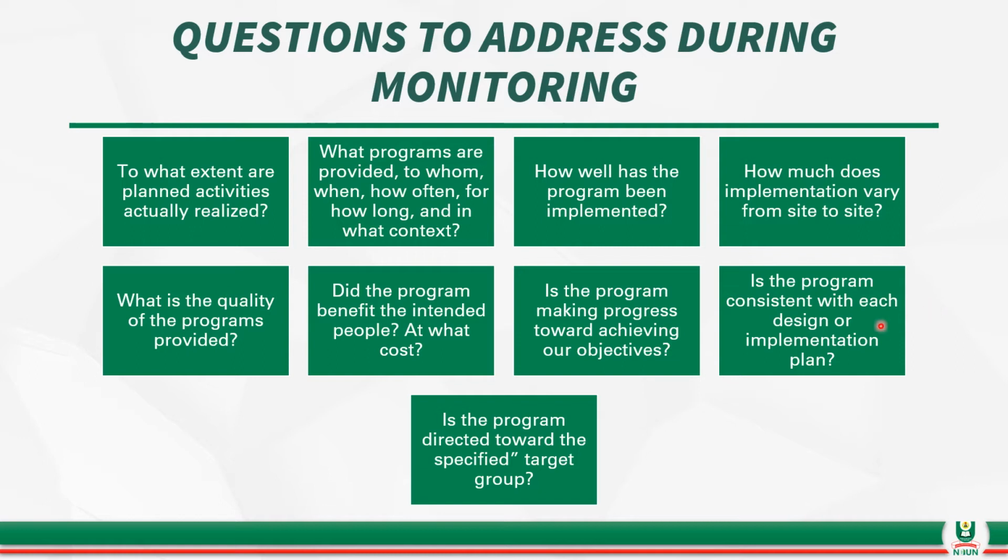Is the program consistent with the design or implementation plan? And finally, is the program directed towards the specified target groups? So when you have all these questions to answer, then you know that you need to set out for monitoring.